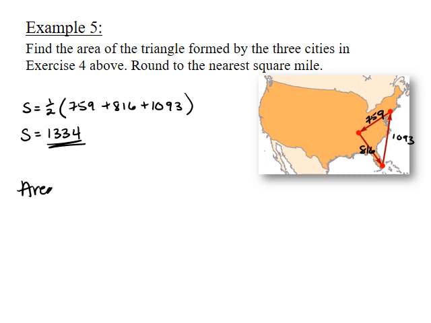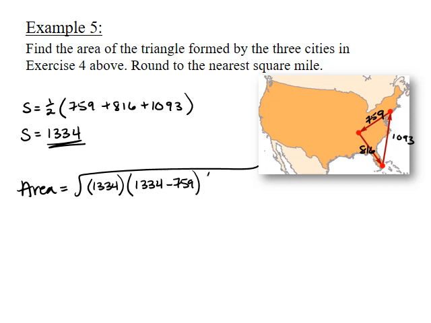The area is found by taking the square root of S times S minus 759 times S minus 816 times S minus 1093.